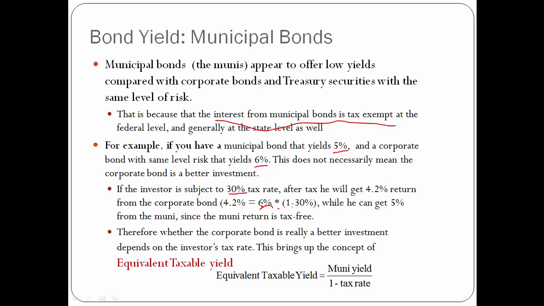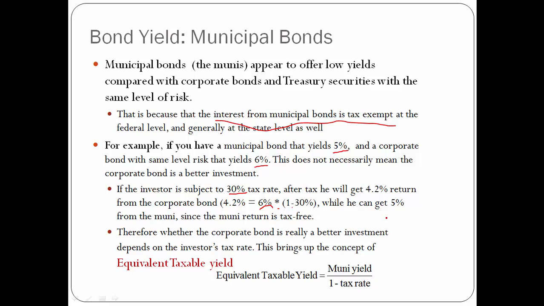So from the 6% yield, you actually get 4.2% after tax. That's from the corporate bond. But when you look at the municipal bonds, this is before tax and this is also after tax, because you are not required to pay tax on these 5% return from the muni bond anyway.